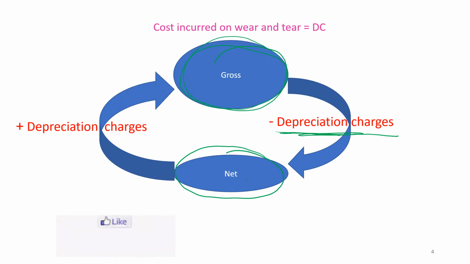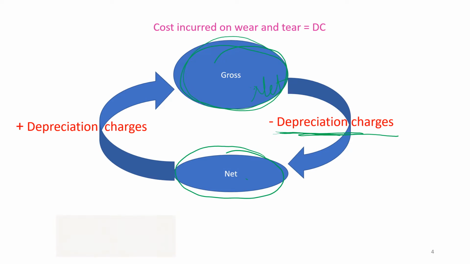That means net is a part of gross, and net plus depreciation charges, if you add, then you get gross. That means in gross we include depreciation charges. If we remove these depreciation charges, then what is left we take as net. Clear?